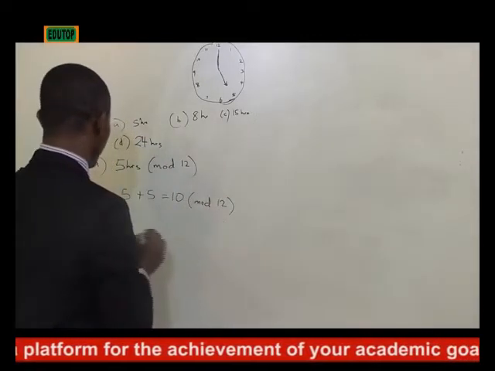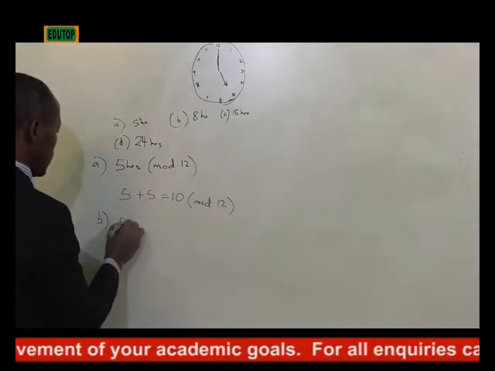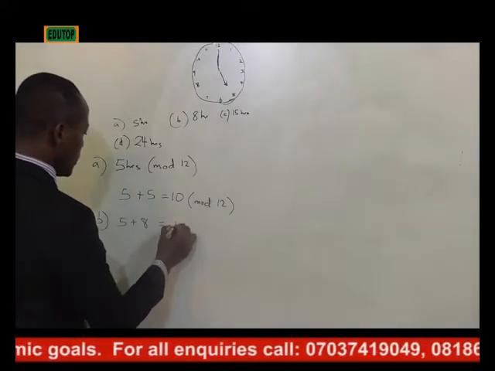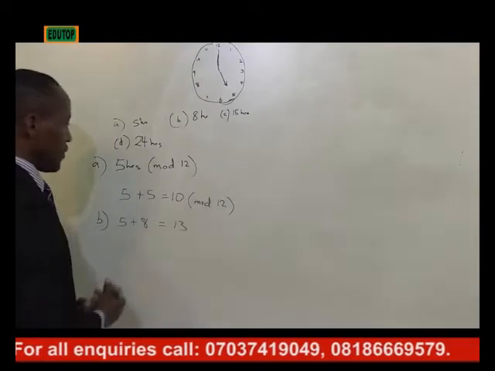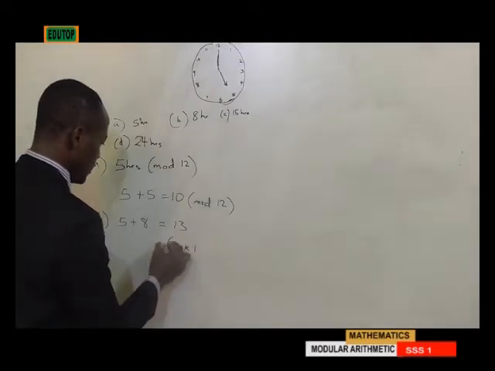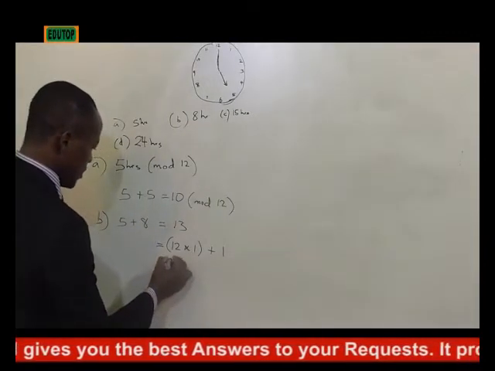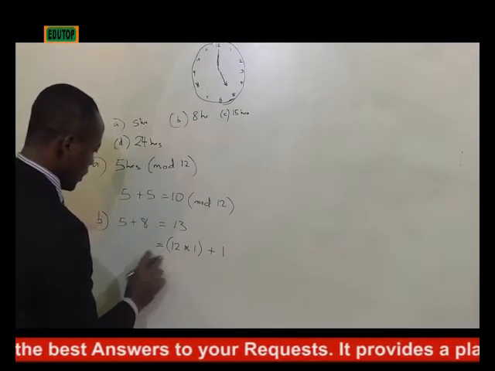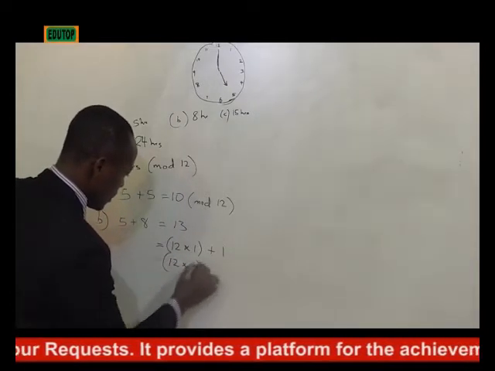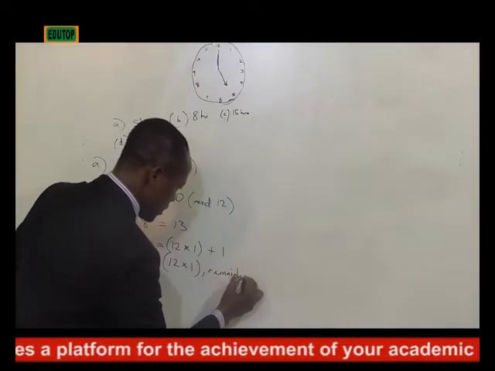Now for the B, we are progressing. That's 8 hours. That will be 5, which is our initial, plus 8, which is equal to 13. 13 is more than 12. That means it's equal to 12 times 1 plus 1, or 12 times 1 remainder 1.